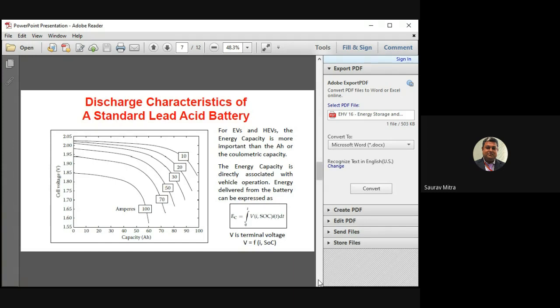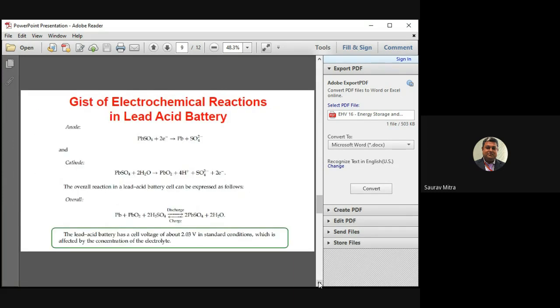So one short question I can ask is: how much can be the maximum voltage of a lead acid battery used in a vehicle? If you stack 2.03 volt cells in series, how much will be the total voltage? Six 2.03 volt cells connected in series will be 12.18 volt. That you have to understand. That 12.18 volt battery is connected in a normal passenger car.